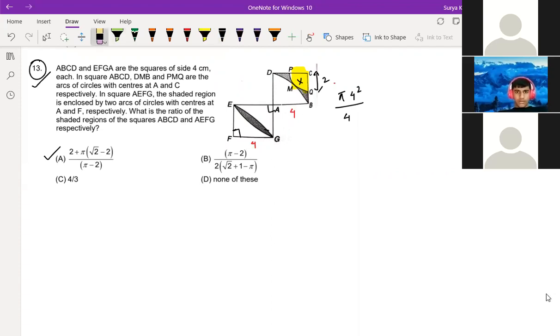Between, you have to make one line. And this is like a segment, you know, segment formula. The 2 into segment formula you can find, and this you subtract from the area of a square.